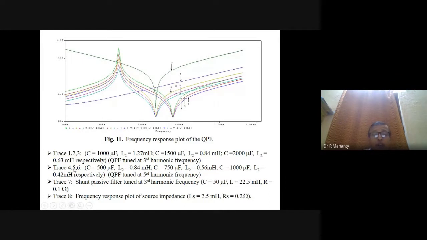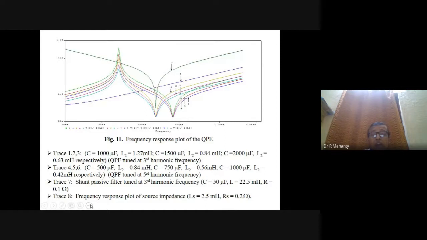Now, traces 4, 5, 6, where the capacitance values are 500 microfarad, 750 microfarad, and 1000 microfarad, when the QPF is tuned at the fifth harmonic frequency. Okay, and the shunt passive filter tuned at the third harmonic frequency is the normal shunt passive filter, shown by trace C, where the capacitance value is 50 microfarad, L is 22.5 millihenry and R is 0.1.